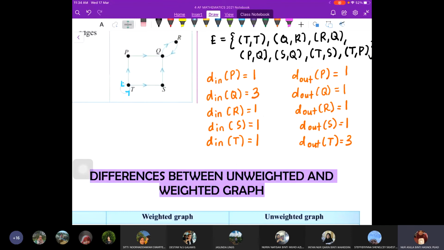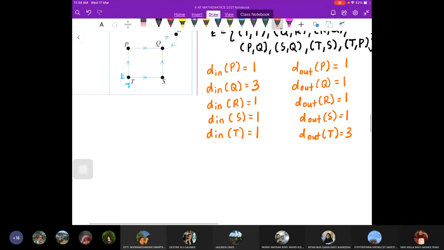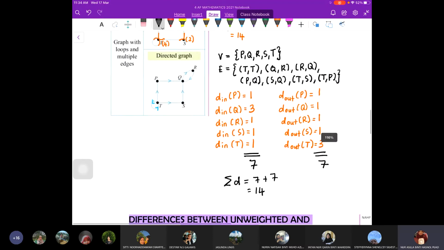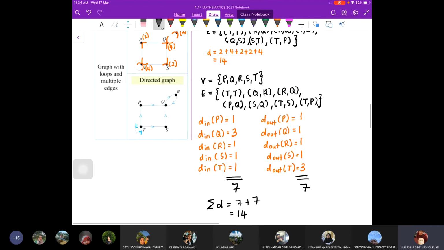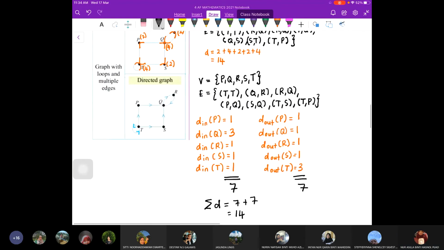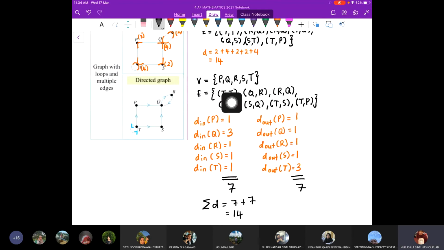And then we total everything. So here the total is 7. Here the total is 7 too. So the sum of degrees will be 7 plus 7, which is 14. Okay, so if you observe, the sum of degrees at the top will be the same as the sum of degrees at the bottom.